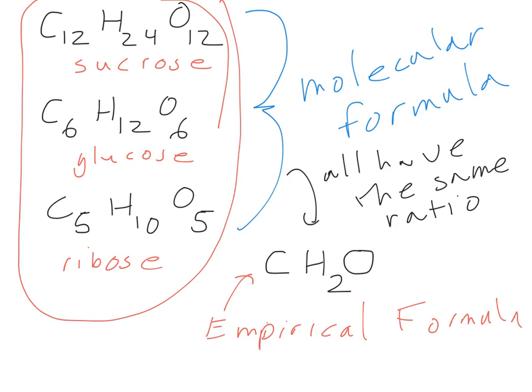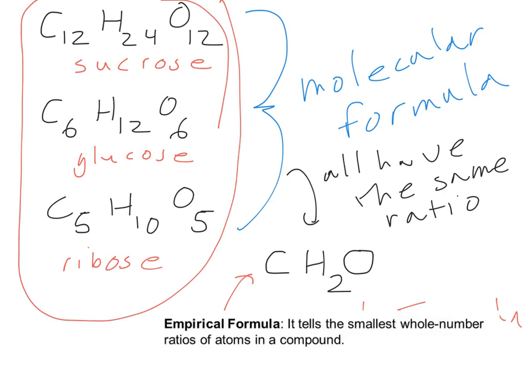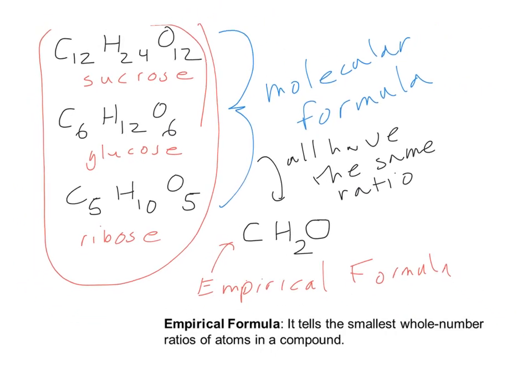They would all share a common empirical formula. The empirical formula tells the smallest whole number ratio of atoms in a given compound. In this case, the smallest ratio for all 3 of these compounds is the same: 1 carbon to 2 hydrogens to 1 oxygen. Several compounds can share an empirical formula.